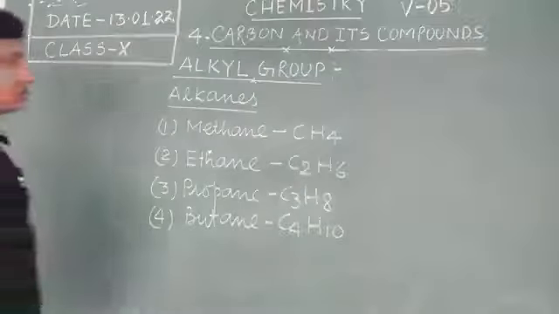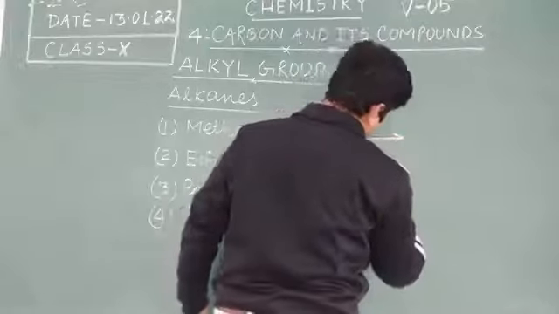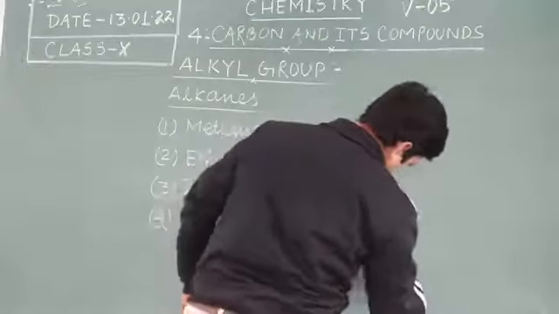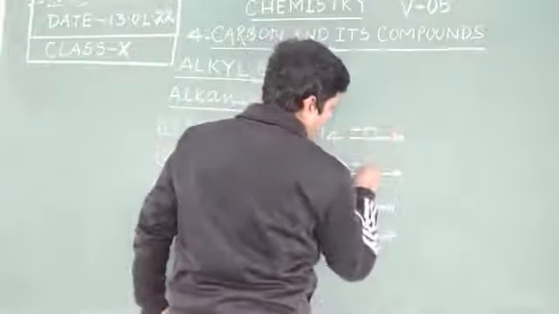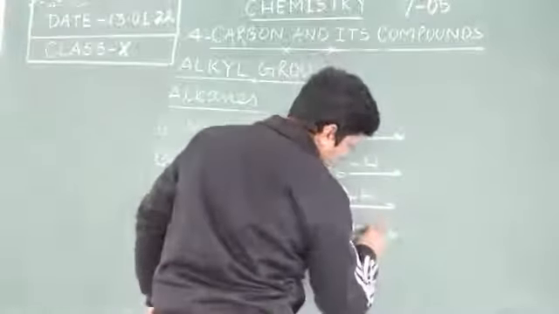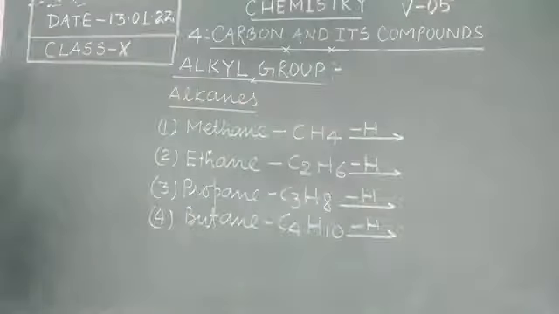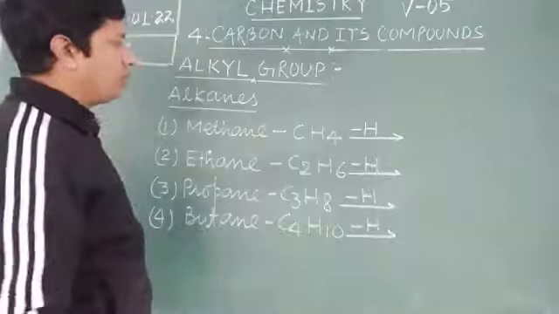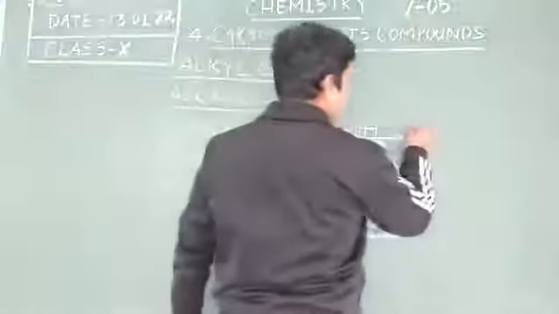Now what happens when a hydrogen is removed from a saturated hydrocarbon? The new group formed is alkyl group. For example, when a hydrogen is removed from CH4, it becomes CH3.